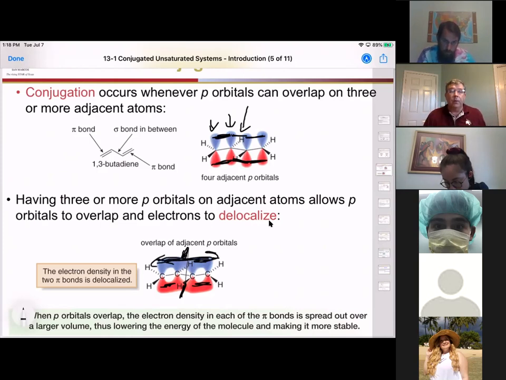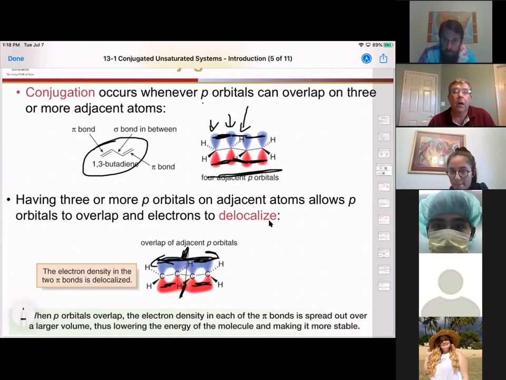So when we have double bonds separated by only a sigma bond, that's called conjugation, and that's because these p orbitals can overlap with each other. When we have 3 or more p orbitals on adjacent atoms, we call that delocalized. Okay, why do I say 3 or more?